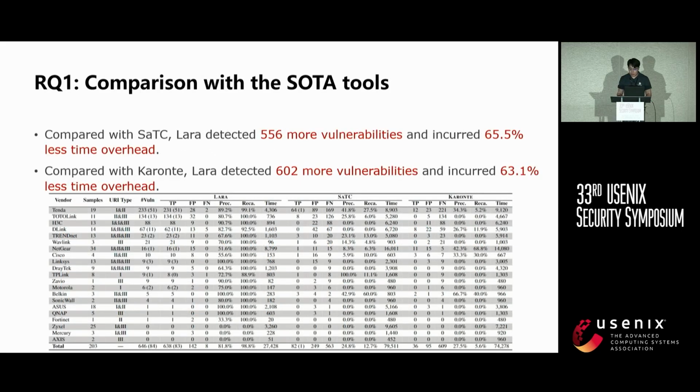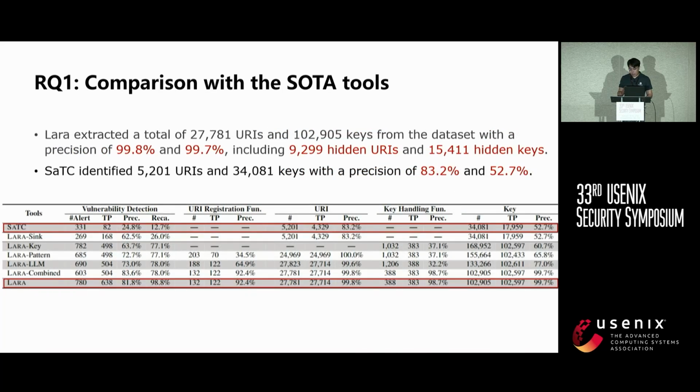For research question 1, we can find that Lara has a clear advantage. Compared with SATC and Karonte, Lara finds more vulnerabilities in a short time. Comparing the extraction results of the source, Lara can extract more accurate URIs and keys than SATC.